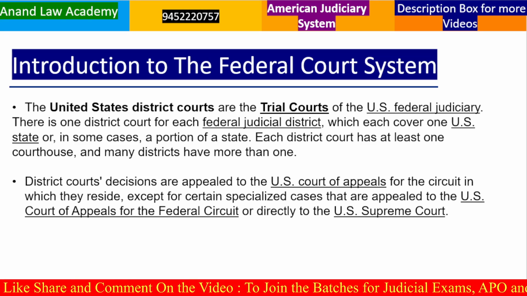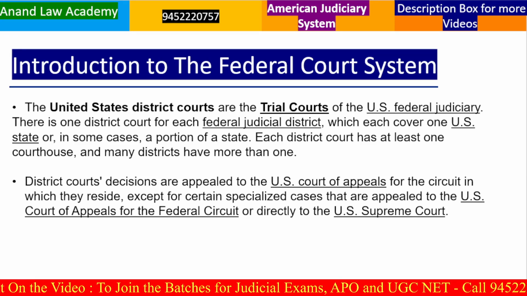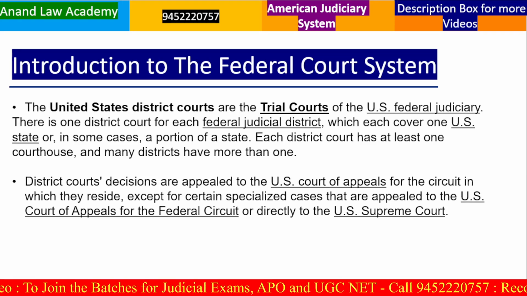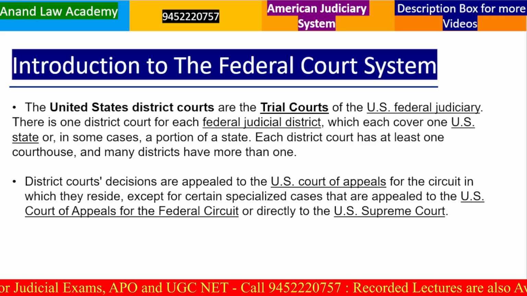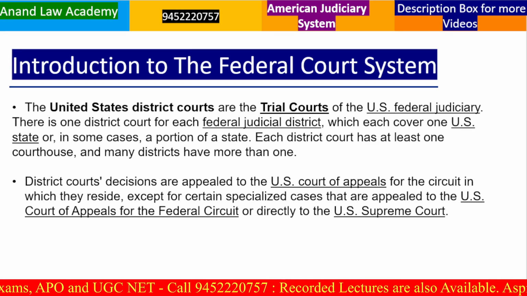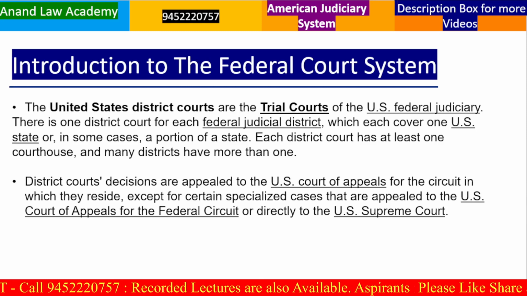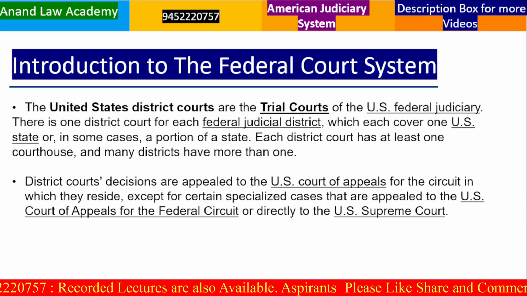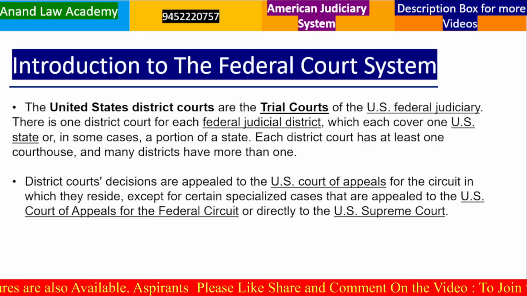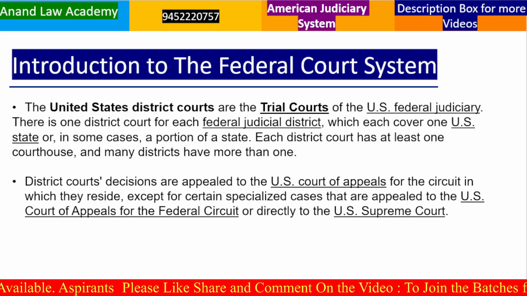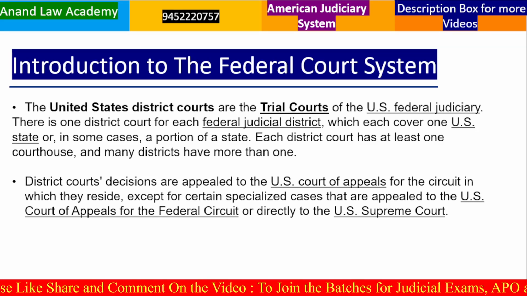Every state is divided into districts, but in the judicial system, the state is further divided, not according to the political system, but for judicial purposes, into judicial districts. It may overlap with one or more districts. It covers one US state or, in some cases, a portion of a state. Each district court has at least one courthouse and many districts have more than one.